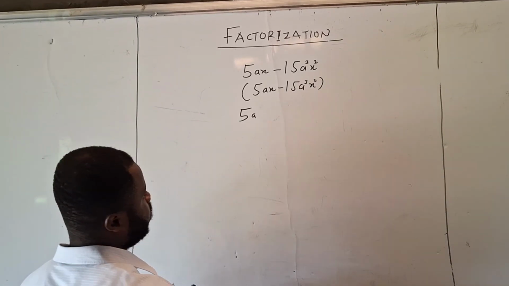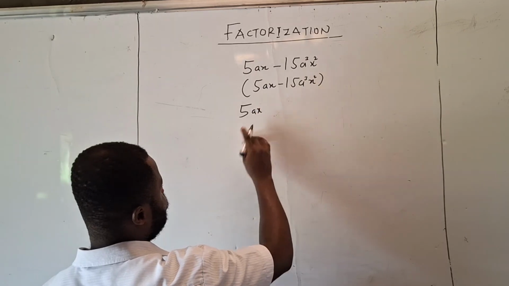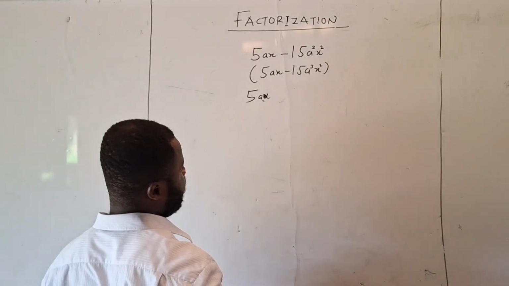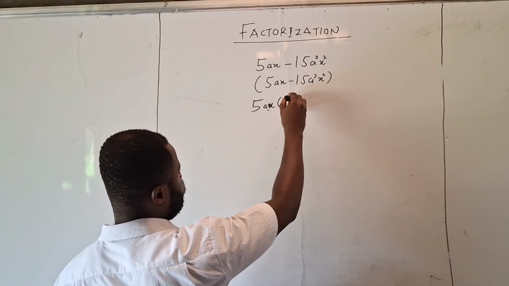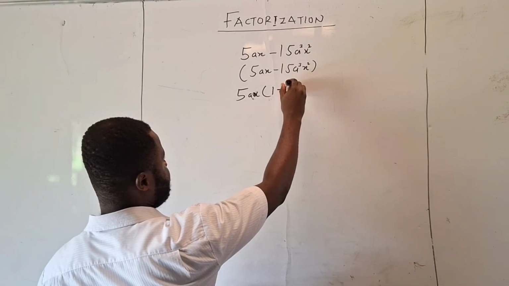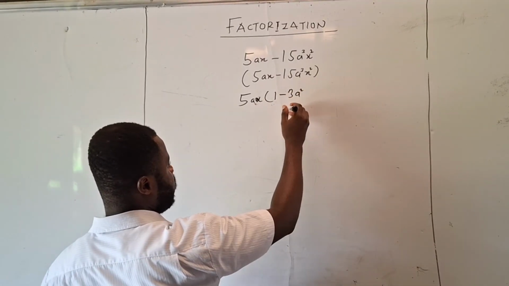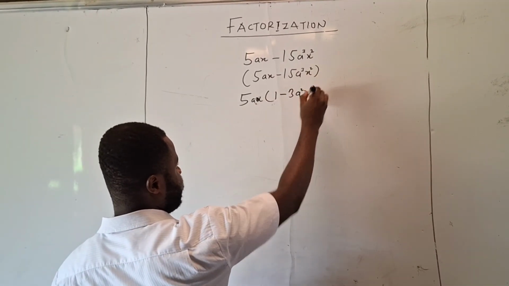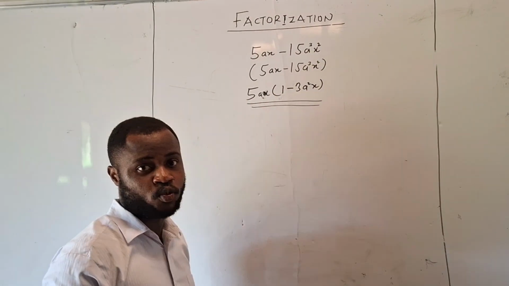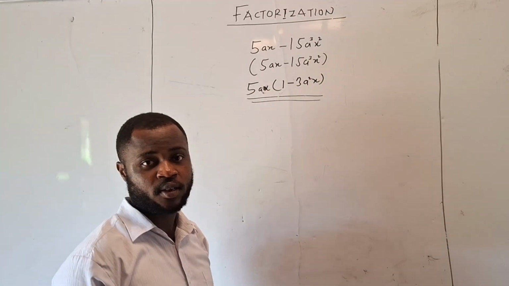When you look at the x, there's x here and x squared here, so the x is common. One of the x will come out. What will be left here is 1 for the first term. Minus 3, the a was cubed here, 1 is out, so we are left with a squared. The x was squared here, 1 is out, so we are left with x. So this is the end of this one too. We have factorized it, and when you multiply this by this, you still get back the expression.